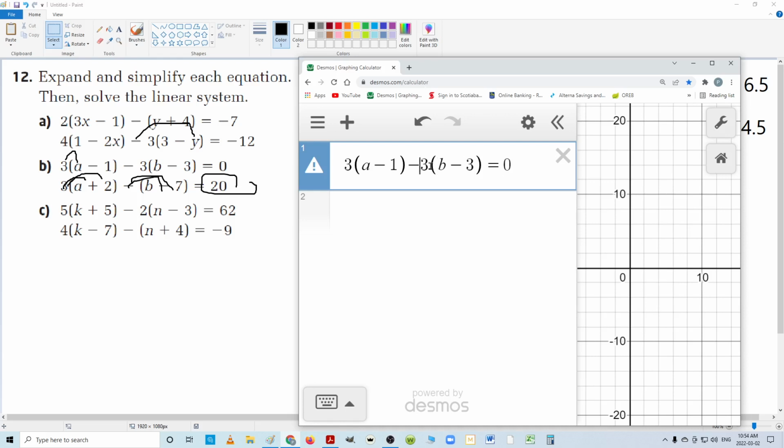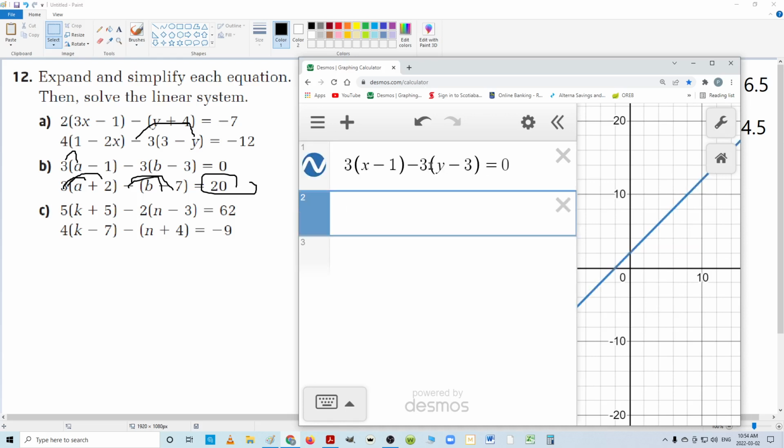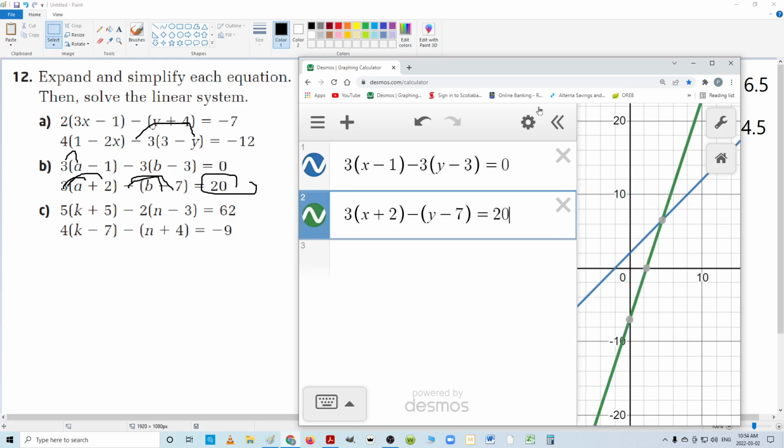And now notice Desmos can't do it, so I'm going to change this to y and this to x. And then I'm going to take the 3 and make sure my a is x, and my minus y minus 7 instead of b is equal to 20. And now I'm going to see if that's where they cross there, 4.5 and 6.5.